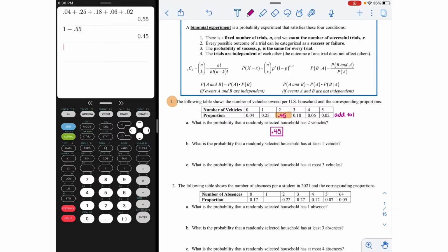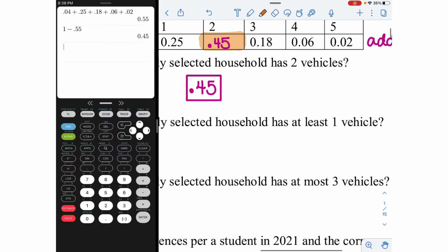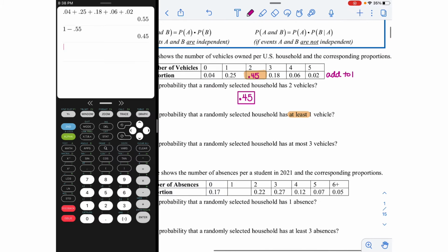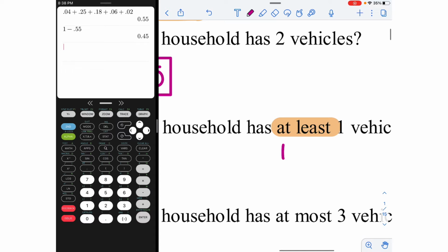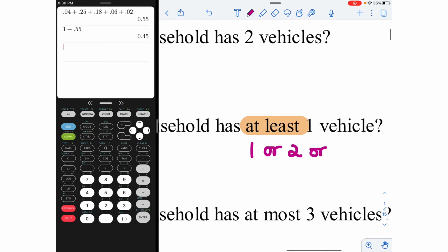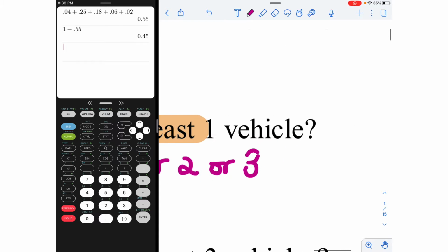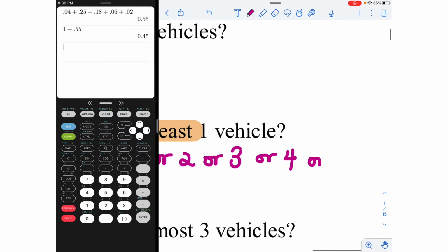So now it says, what is the probability that a randomly selected household has at least 1 vehicle? And there is a really important part of this, and it's the words at least. At least means it could have more. So it could have 1 or 2 or 3 or 4 or 5.